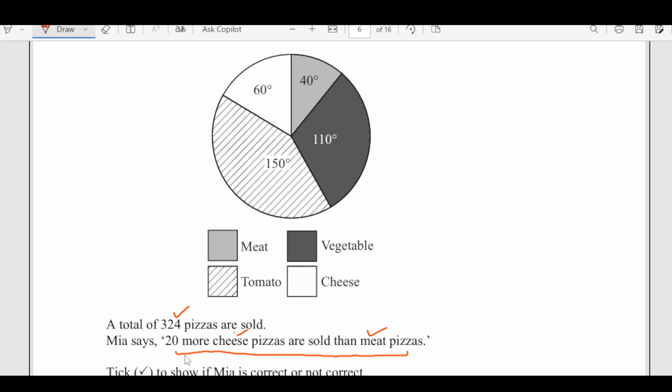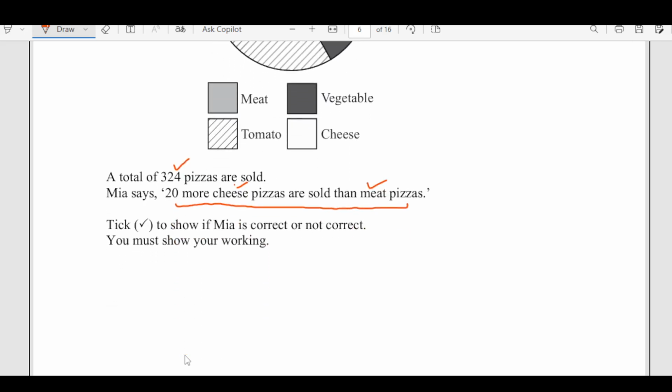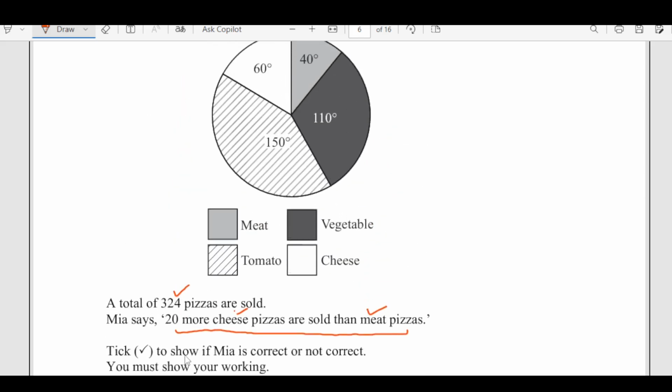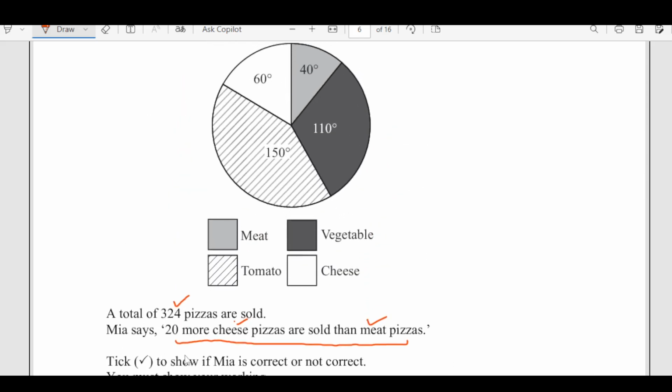So let us write it down. For cheese, what do we have? Cheese angle is 60 out of 360, and in total we have 324 pizzas, right? Once you calculate this, this comes out to be 54.